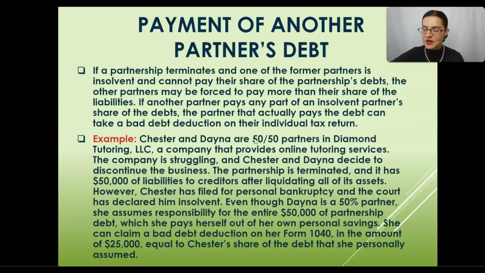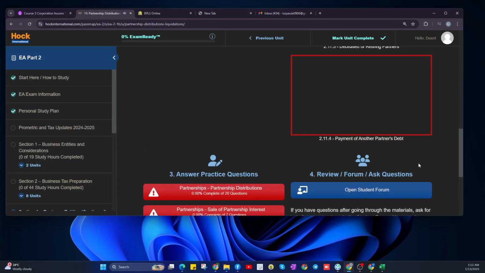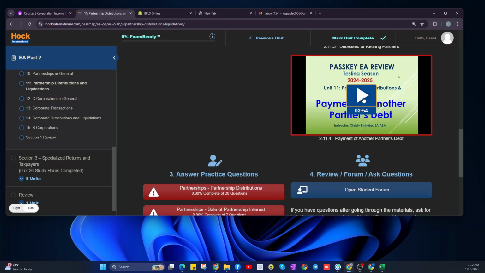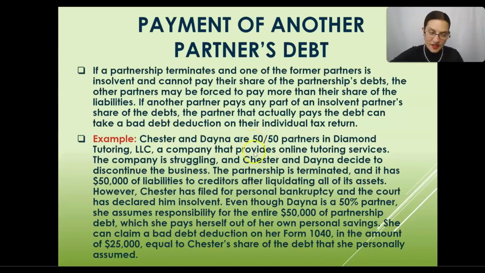But in this case, when you have a partnership, sometimes one of the partners will leave the partnership, or they will die or whatever, or become insolvent, file for bankruptcy, and they won't pay their share of the debt. If that happens and the other partners have to pay that partner's debt, then the individual partners are allowed to take a bad debt deduction on their individual tax returns. That's how it's reported. And let me give you an example.